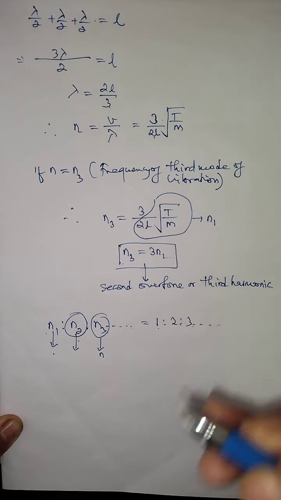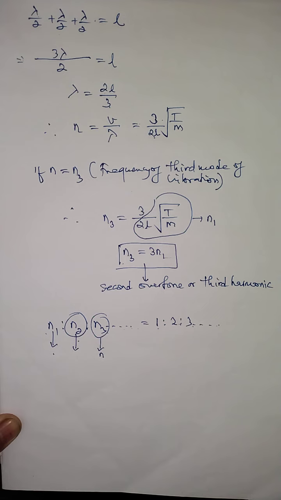And it will go on and on. That means we are getting all the harmonics, even and odd, in the case of vibration of a stressed string with both ends fixed. Therefore, the stressed string gives both even and odd harmonics.